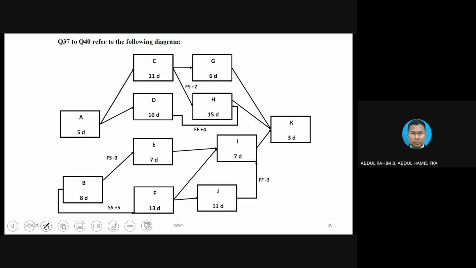This one is also a previous final exam question. You can try and get this value. This is what we call project completion. If you can fill up the forward pass and backward pass with all the values, later on you can calculate the total float and eventually the free float. Okay. All right.